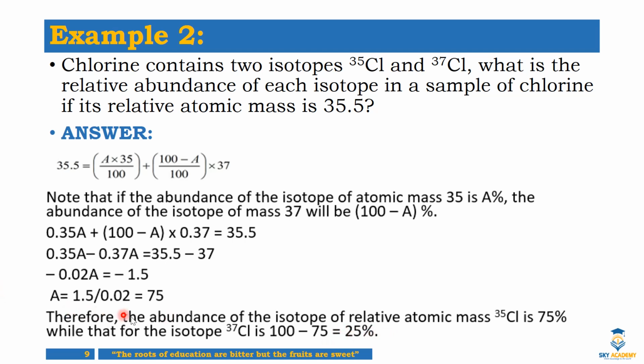Therefore, the abundance of the isotope of relative atomic mass 35, chlorine 35, is 75%, while that of the isotope chlorine 37 is 25%.